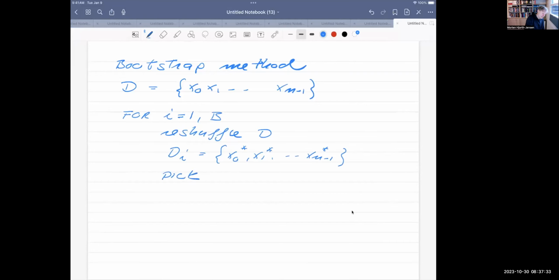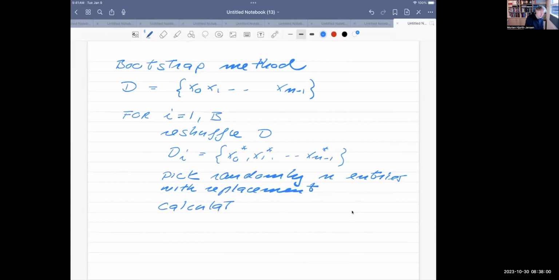So we reshuffle D and pick randomly n entries with replacement, which means that we can actually select the same data point twice or more than twice. When we've done this, then we would calculate different expectation values, like the mean squared error.